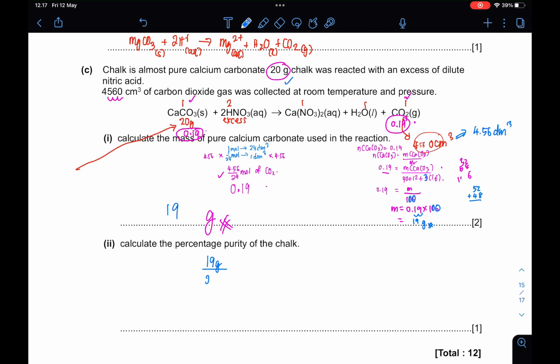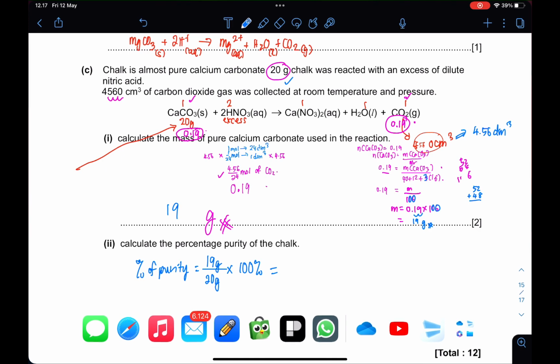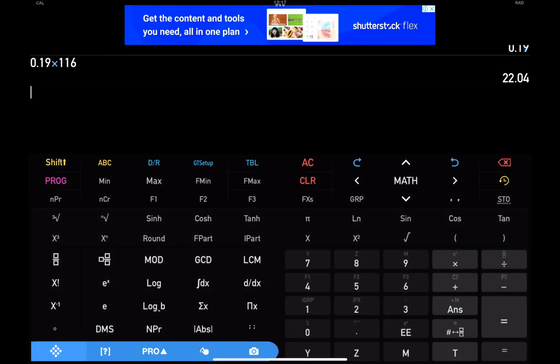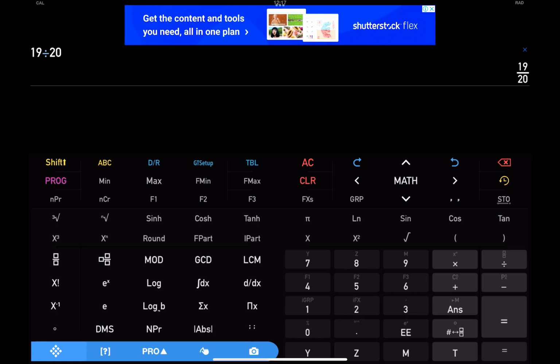So the pure compound is going to be 19 gram divided by the total mass, which is going to be 20 gram, times 100%. That's going to be the percentage of purity, or basically the mass of pure compound divided by total mass times 100%.